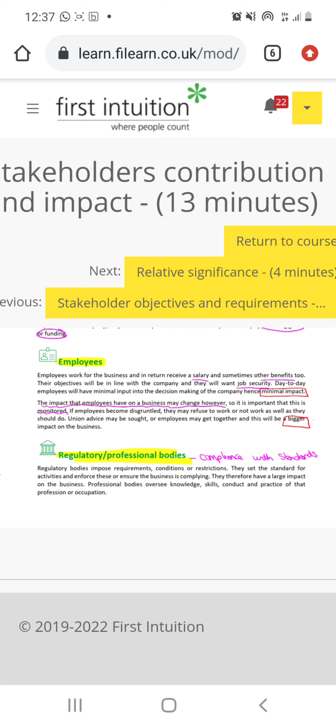For example, think about your AAT qualification, AAT technician, or a plumber perhaps qualifying in a gas safe qualification. Regulatory bodies have a large impact on a business. They ensure compliance, they oversee knowledge and skills and conduct. They're a key stakeholder.